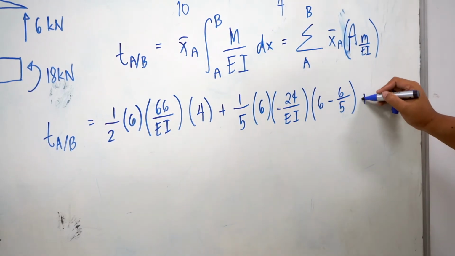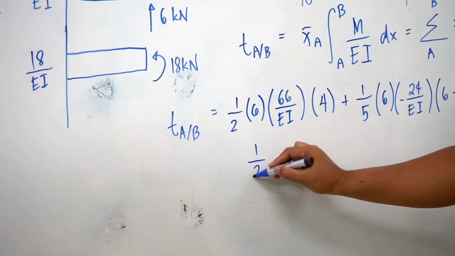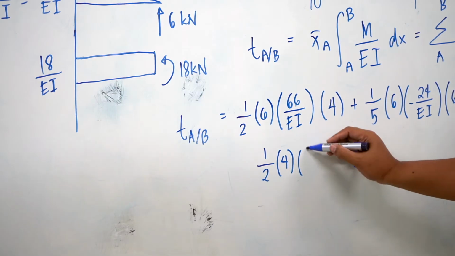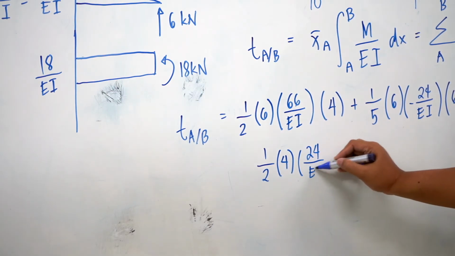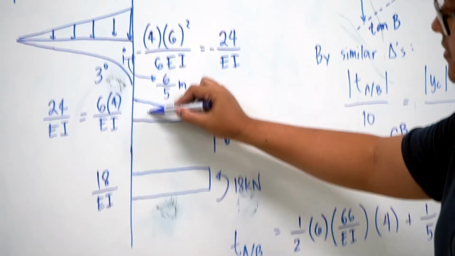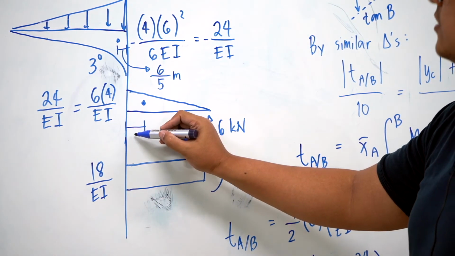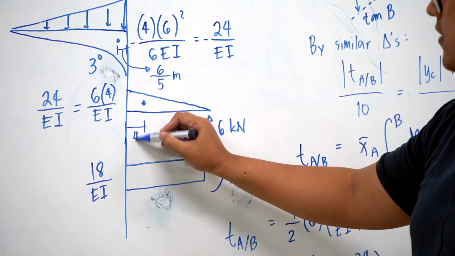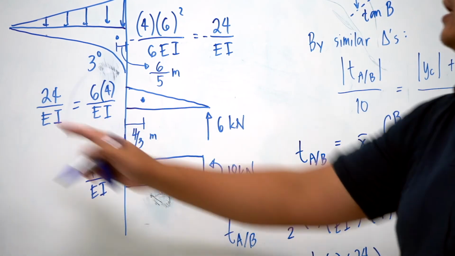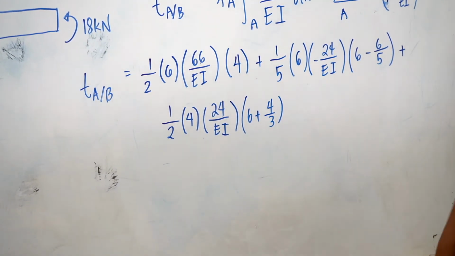And then plus the area of this triangle, that is 1/2 times 4 times its height, 24 over EI, times its centroid, which is here, 1/3 from our reference section, so that is 4/3 meters, and measured from A, this point is 6 plus 4 over 3 meters.